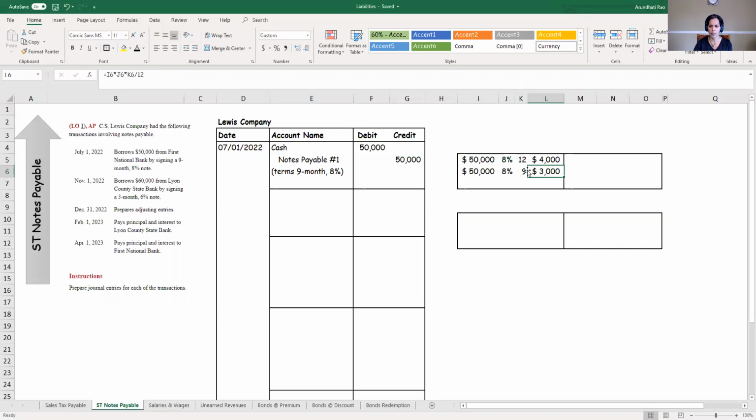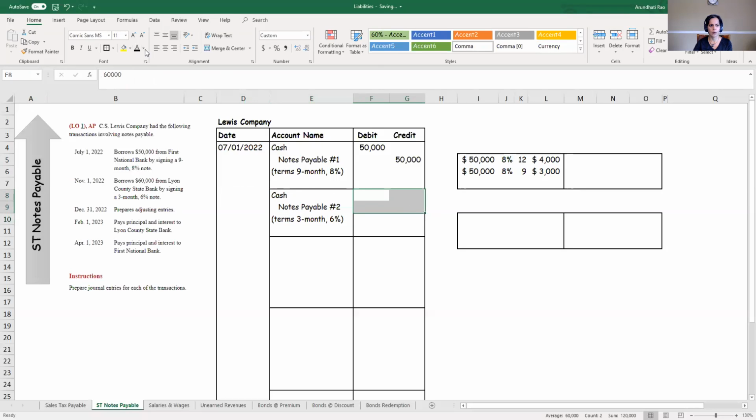Okay, so let's hang on to that thought for a minute and come down to the next transaction. On November 1st, 2022, we borrowed another $60,000, this time from Leon County State Bank, and we signed a 3-month 6% note. So the journal entry is going to look very similar to the previous one. Cash debit, notes payable number 2 credit. The terms are 3-month 6%.